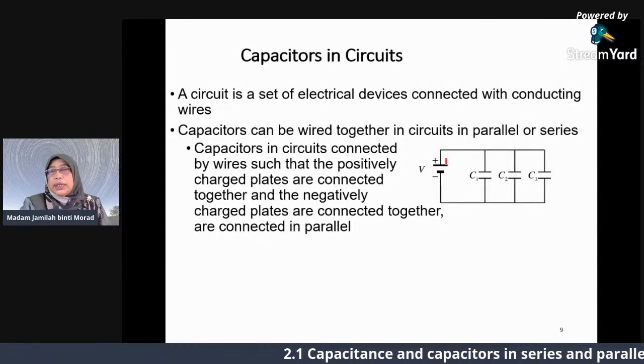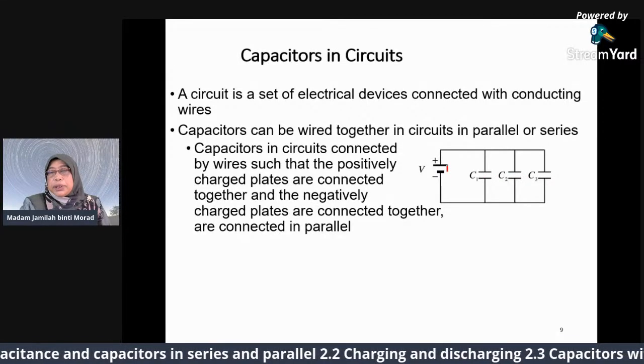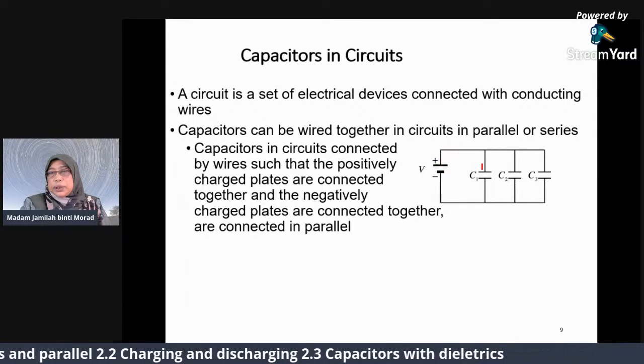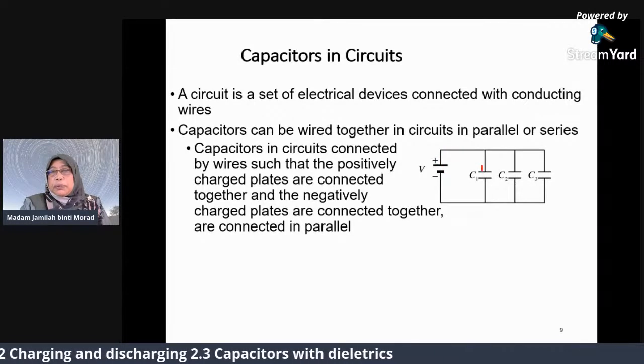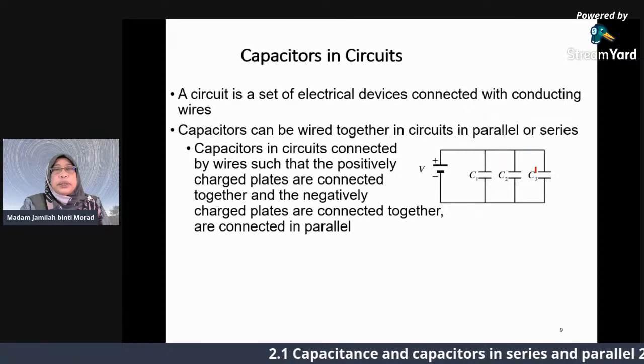How to connect the three capacitors that you have here in parallel? Look at the positive terminal of the battery here. You should connect it to the positive terminal of capacitor 1, also to the positive terminal of capacitor number 2 and positive terminal of capacitor number 3.